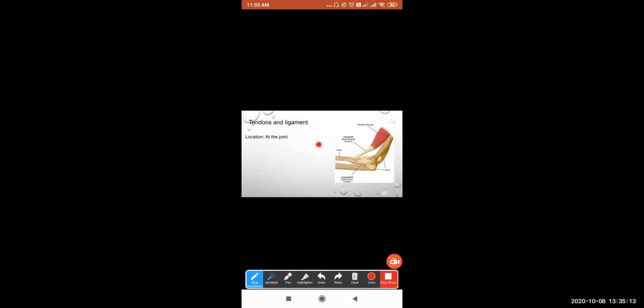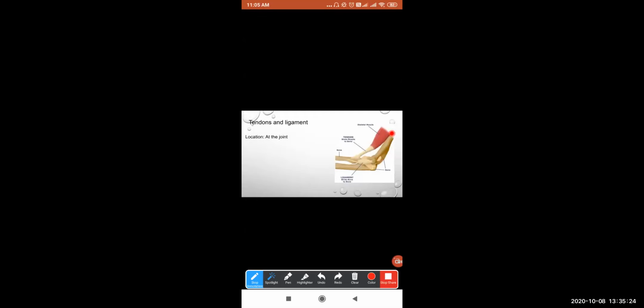Talking about the next tissue, it is tendons and ligaments. These are also fibrous tissues and are present at the joints. You can see in this picture, these are the tendons and these are the ligaments. Okay, now what is the function of tendon?